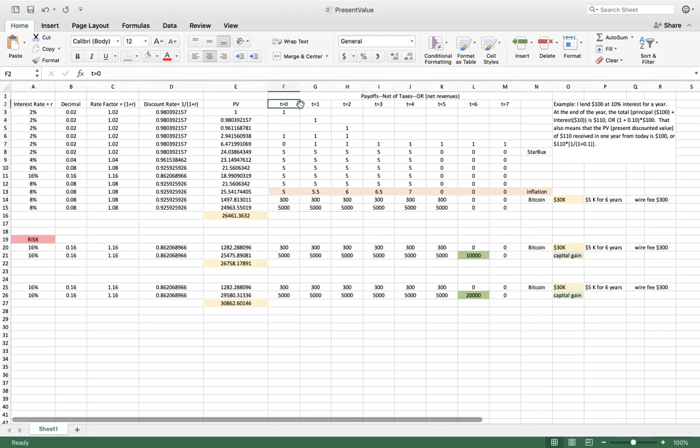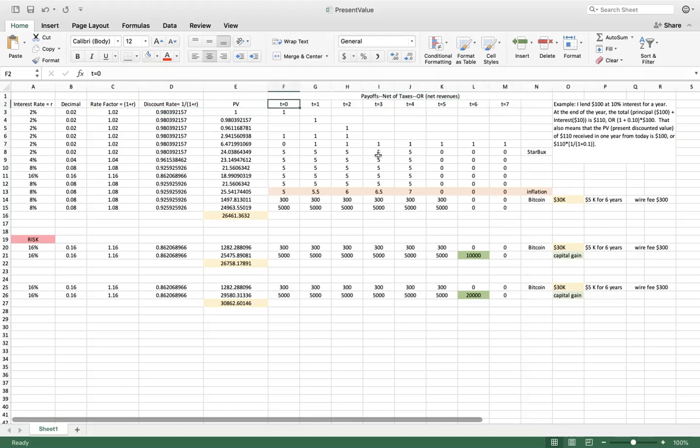And then I have these different time periods. T0 is today, T1 is a year from today, T2, 2 years from today, 3 years from today, 4 years from today, 5 years from today, 6 years and 7 years from today. And you could carry this out however long you want.